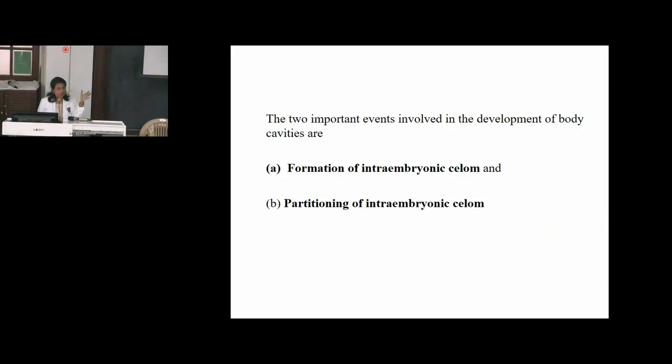Lateral plate mesoderm. And what happens along with this? In this space, membranes are produced or partitions are formed. How? The partitioning we will see. Due to partition, these cavities are developed.